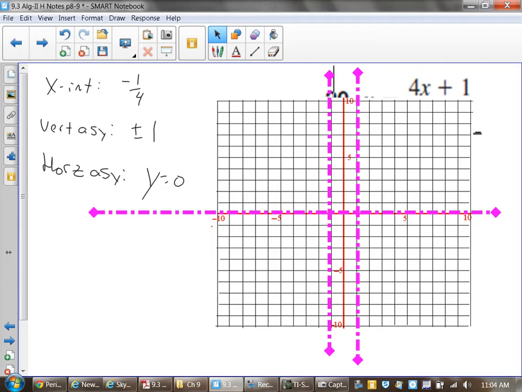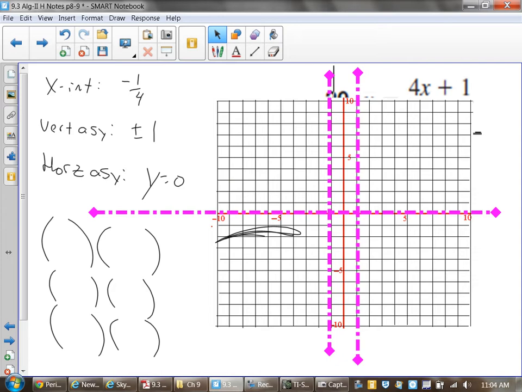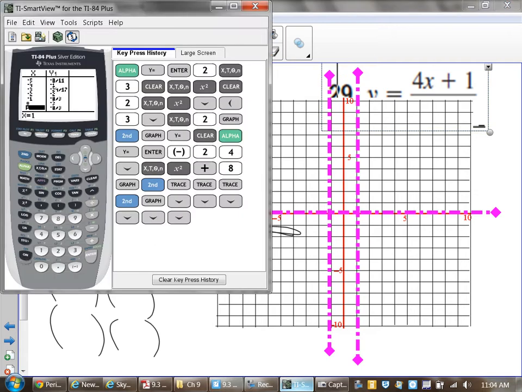Do you agree? Now, I want to be able to get 2 points to the left of an asymptote, all the way over on this side. I want 2 points in between, and 2 points on the end. So what we're doing here is we're going to use our table function to list out some ordered pairs. I'll show you how that would look.